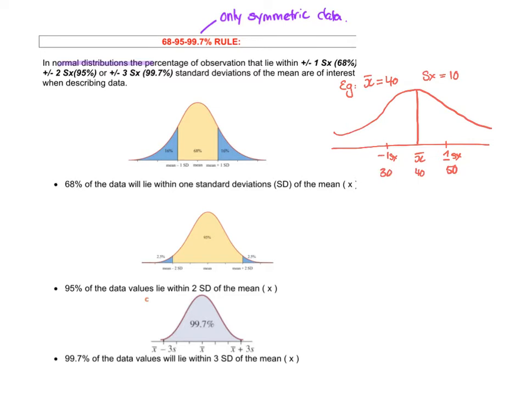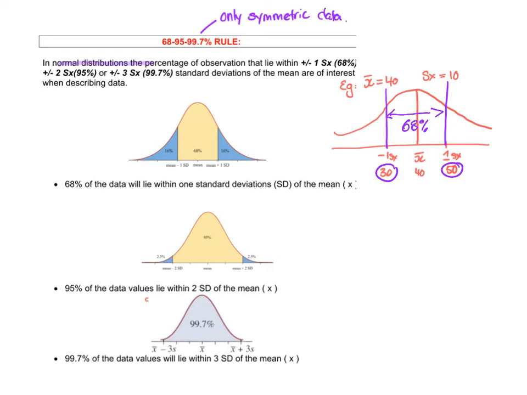So when you have symmetric data, if you go plus one and minus one standard deviation from the mean, you actually have 68% of the data lying between those numbers. So I could say in this example, 68% of the people surveyed were between 30 and 50.